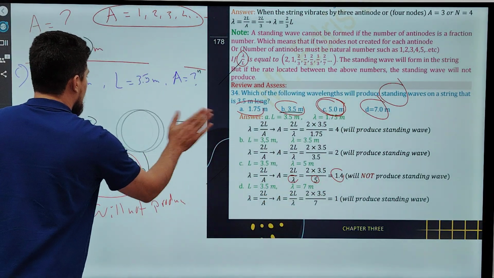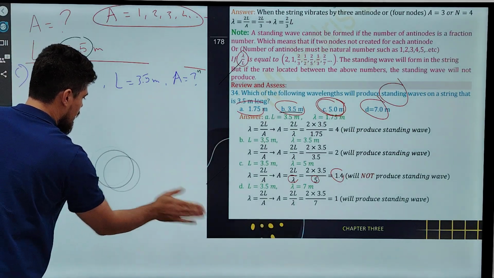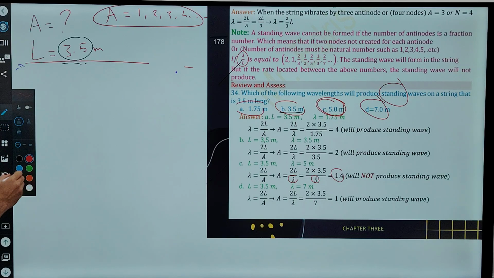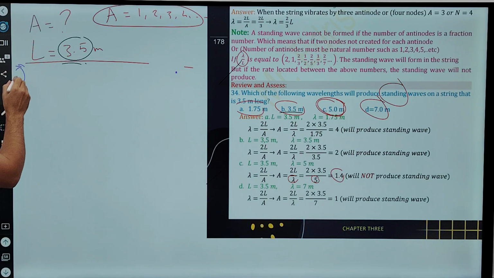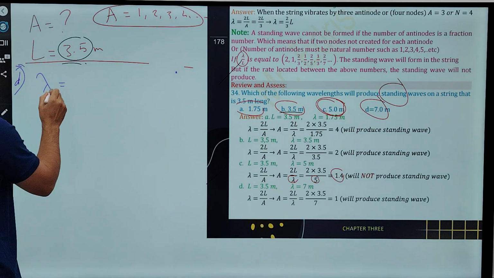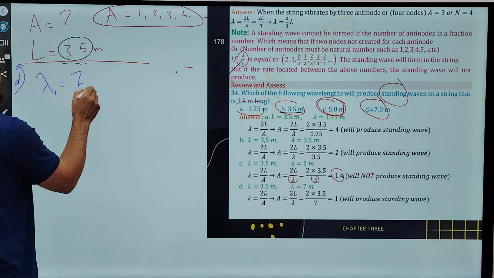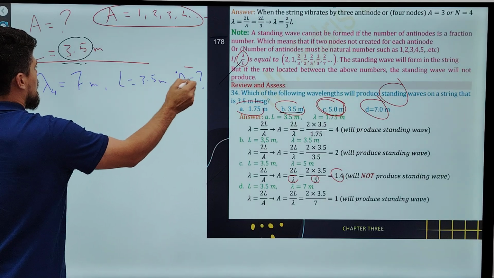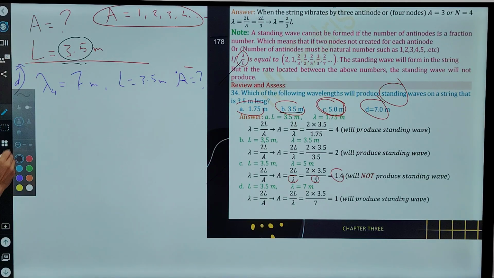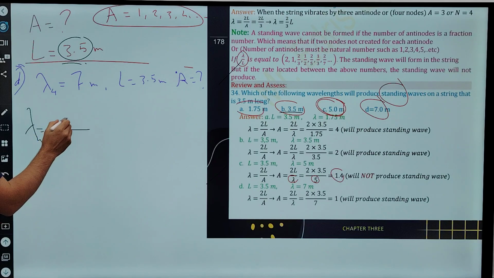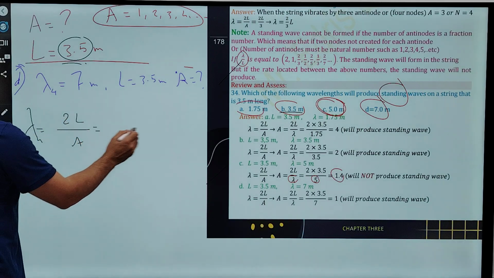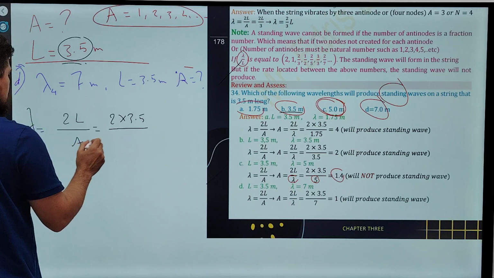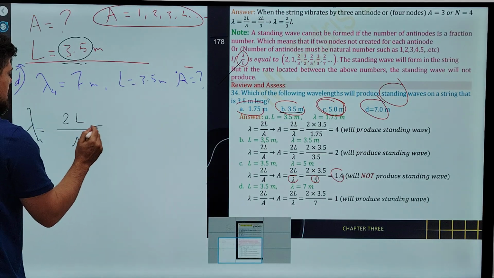The last one, D, wavelength is equal to what? 7 meter. L, 3.5 meter. A is equal to what? According to this equation, wavelength is 2L over A, so we have to rearrange.